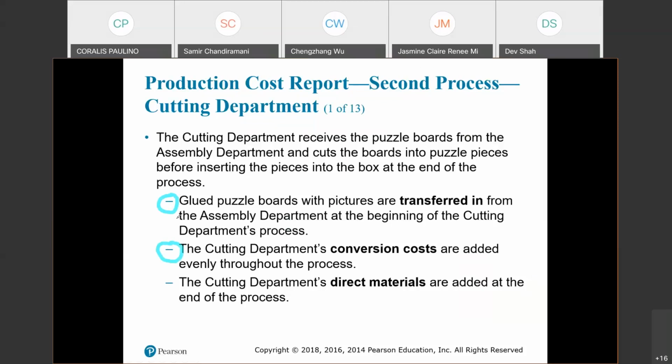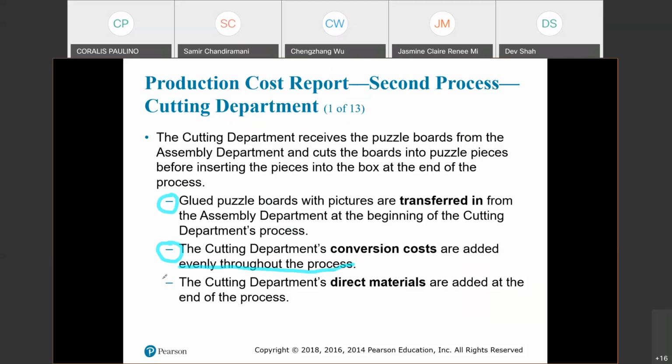The second input. Similarly, conversion costs also incurred at the cutting department. And also, similarly, the conversion costs are added evenly throughout the process. In addition to conversion cost, of course, we have direct materials incurred in cutting department.